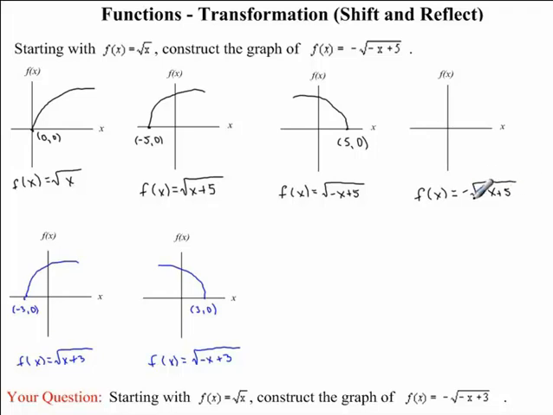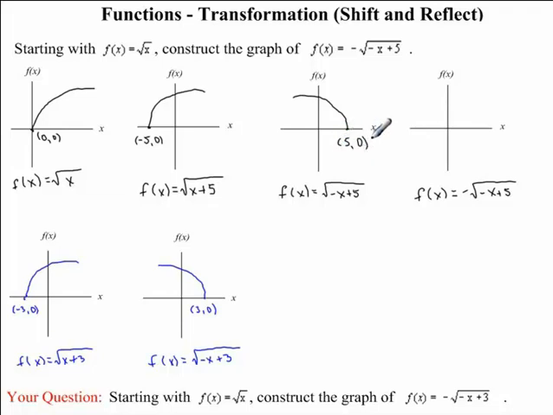Okay, so we still have the square root of negative x plus 5, so we want to apply our last transformation from our previous graph here. This negative outside of our function means that we are now going to multiply all our y values by negative 1. So if we look here on our previous graph, if all our y values are going to be multiplied by negative 1, we're actually going to have a reflection about the x-axis.